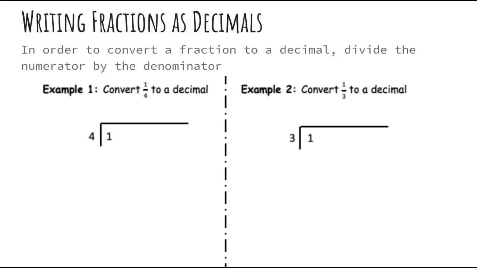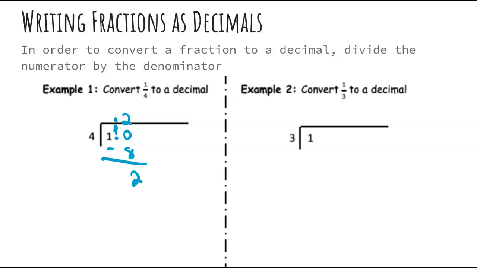Okay, so 4 does not go into 1. So what I want to do is put in my decimal point, add a 0, and move that decimal point straight up to the top. Okay, and then I just want to divide normally. 4 goes into 10 2 times.